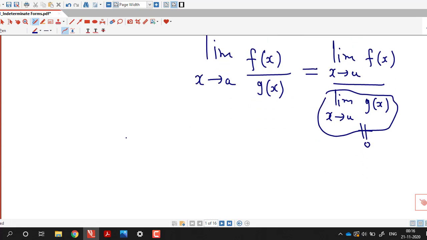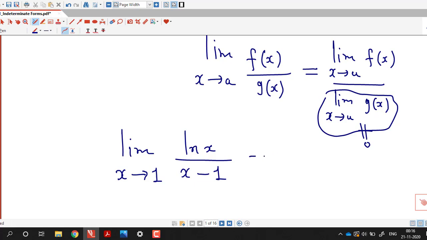But suppose we consider the limit as x tends to 1 of log x over x minus 1. If I take x equal to 1 here, then I will have log 1 over 1 minus 1.